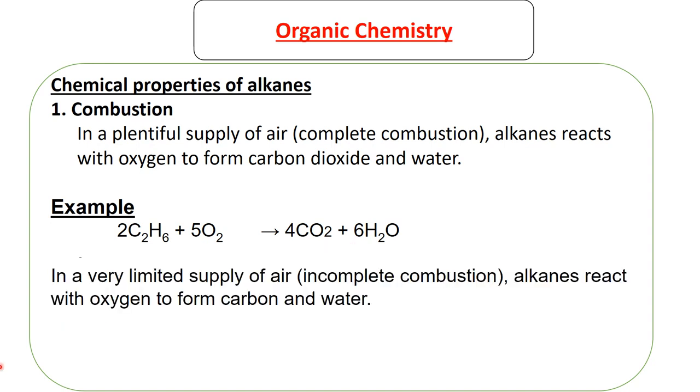Then in incomplete combustion, or in a very limited supply of air, alkanes react with oxygen to form carbon and water. Sometimes carbon monoxide and water. So here is an example. We have this alkane reacting with oxygen to form carbon and water. Note that sometimes carbon monoxide is produced, so it can be carbon monoxide and water.